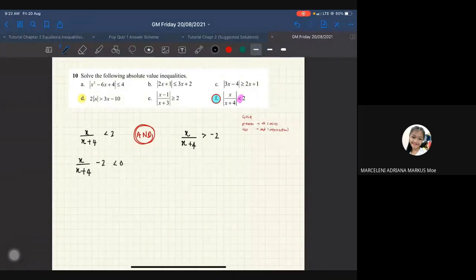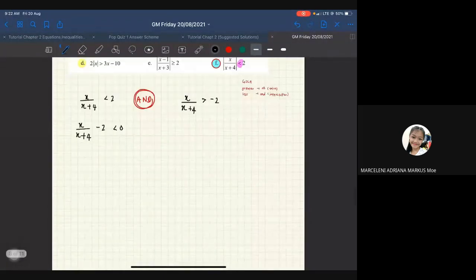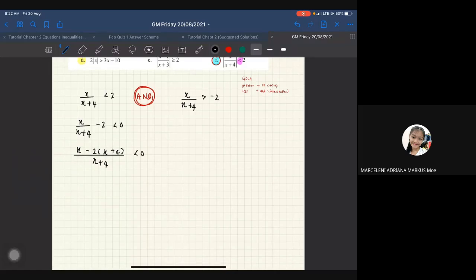So kita nak equate the denominator over x plus 4 less than 0. Okay, so expand. So you have x minus 2x minus 8 over x plus 4 less than 0. Okay, and then simplify lagi bahagian atas. So you will have negative x minus 8 over x plus 4 less than 0.